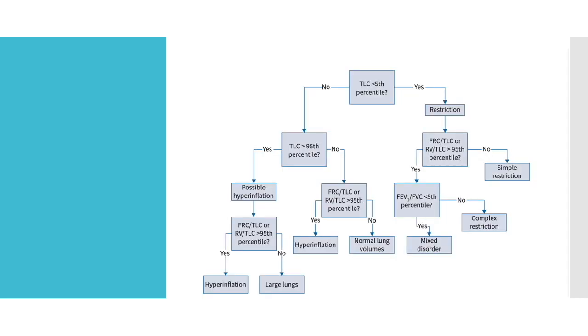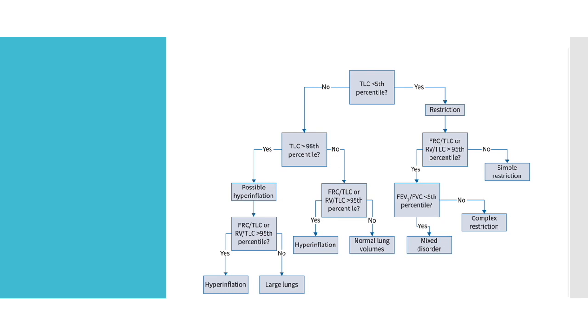The flow chart here to approach the lung volume begins with the TLC. They begin with the total lung capacity, and we determine whether restriction is present, on the basis of whether the TLC is low or the TLC is not low. Right now, if there is restriction which is present, then we assess the relative functional residual capacity.